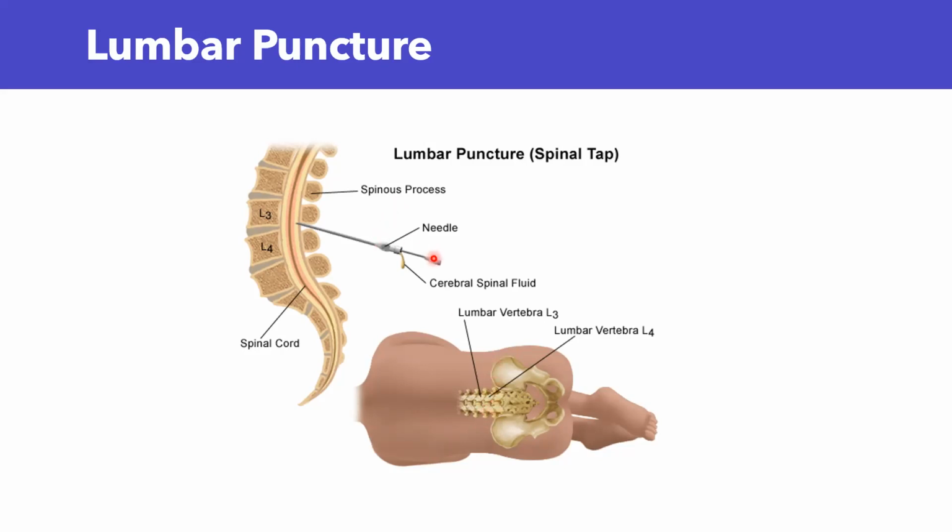The needle will be inserted up until the subarachnoid space of the spinal cord. When the doctor is in, the doctor will remove the stylet and allow the CSF to flow out through the needle.